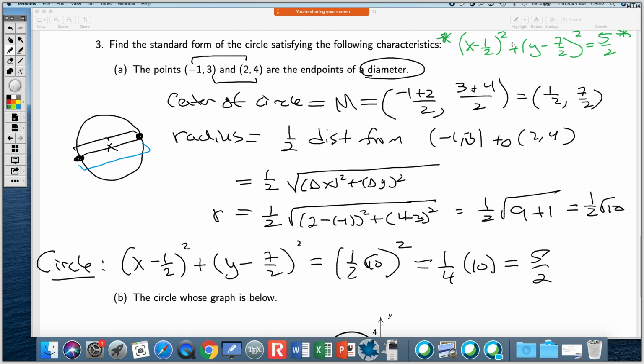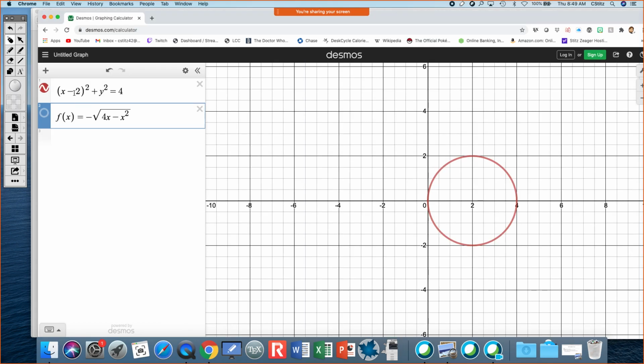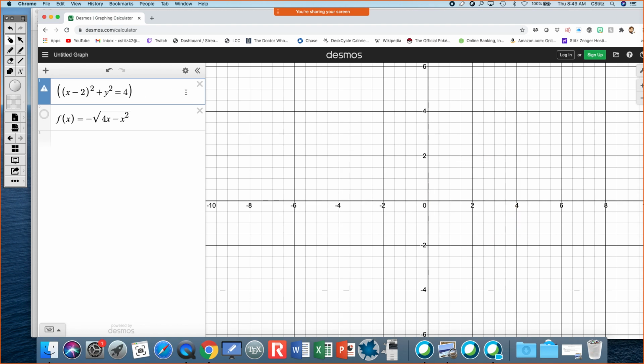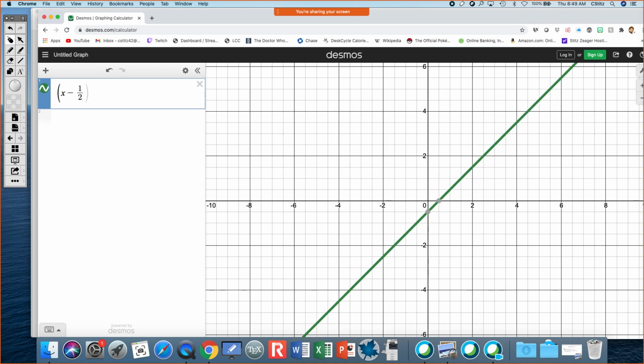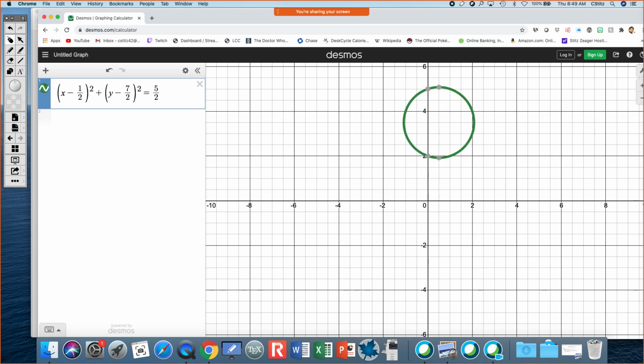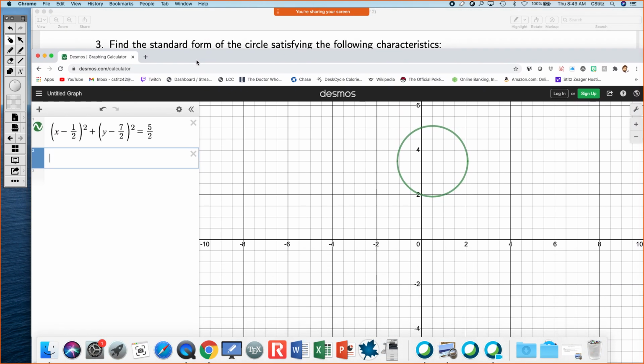As always, we could check our answer using Desmos. So let's check it out. So let's look at the circle. We got x minus 1/2 squared plus y minus 7/2 squared, and that's equal to 5/2. And what were the points that were supposed to be on it? -1, 3.